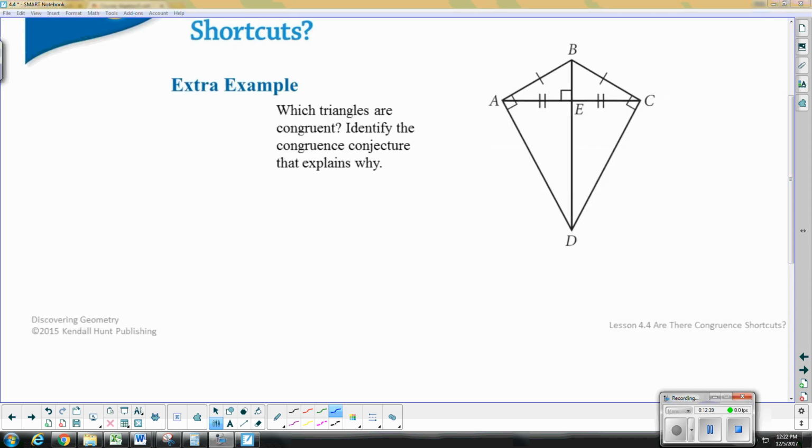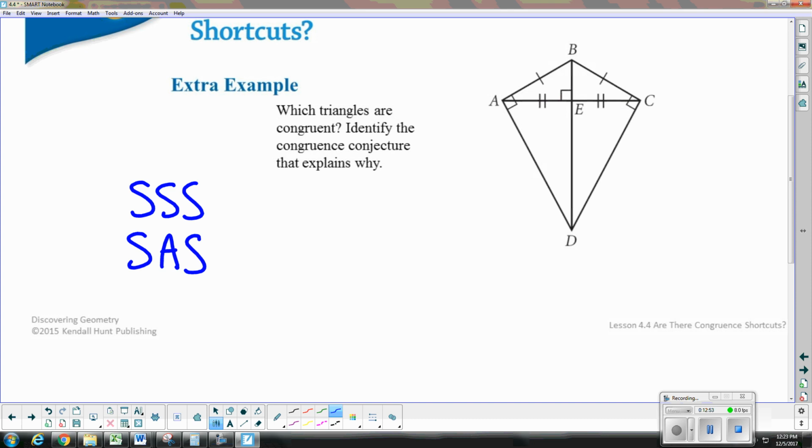All right, so this lesson covered those first two shortcuts, which were side, side, side, and side, angle, side, and then one that was not a shortcut, which was side, side, angle. So side, side, angle does not work, but side, side, side, or side, angle, side, those are valid shortcuts. So we can use those.